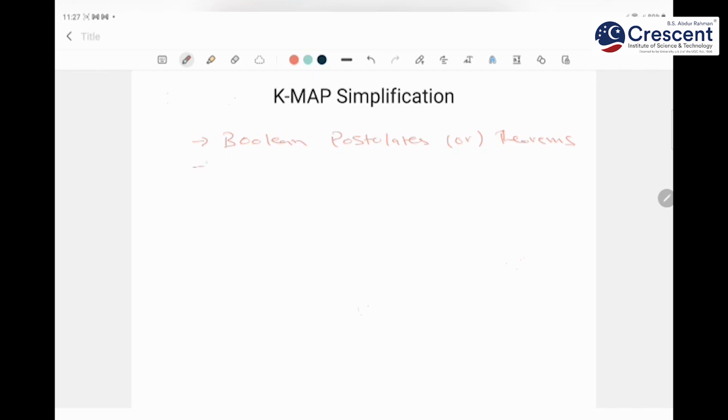The next one is using the K-map method, which we are going to discuss today. And the third one is the tabulation method.